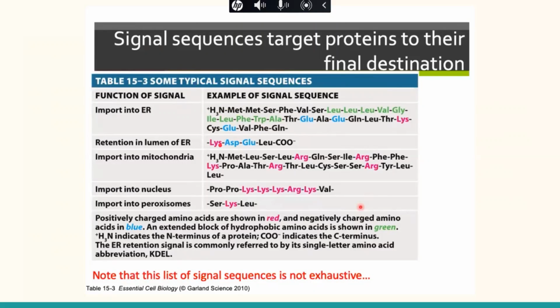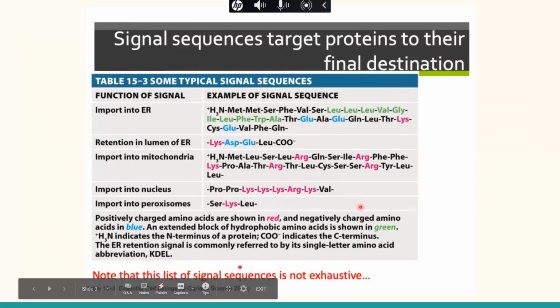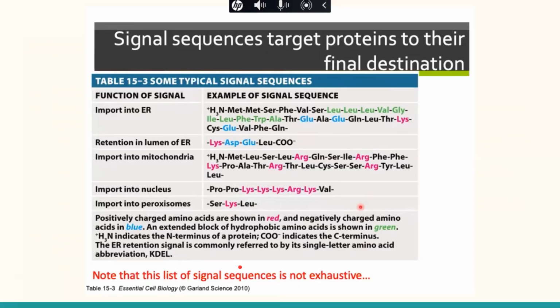Here, retention in the lumen of the ER is near the C terminus, but you have a lysine and then two acidic residues. So the main takeaway here is that each signal sequence is a certain type of amino acid. This chart is really helpful to go back to, to give you an idea of the different types of signal sequences.